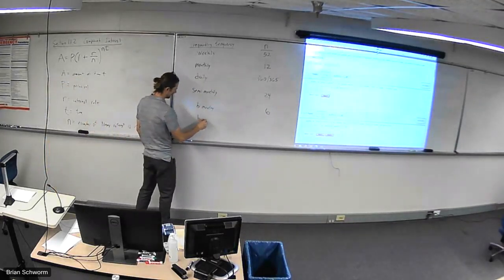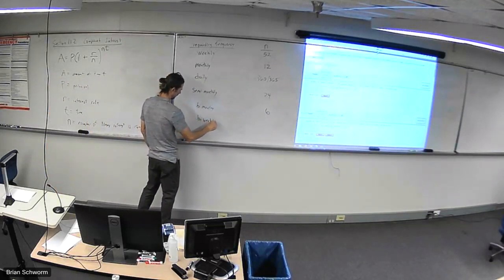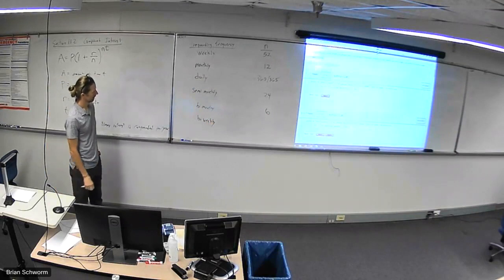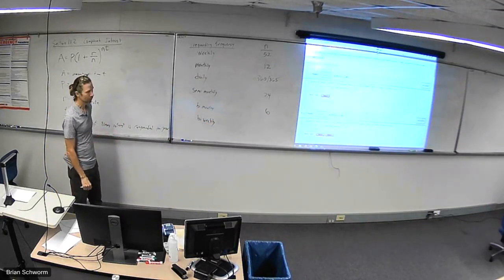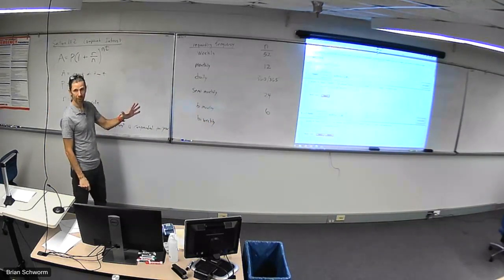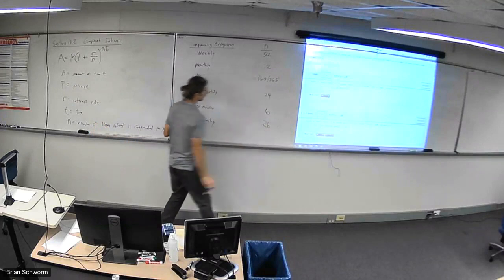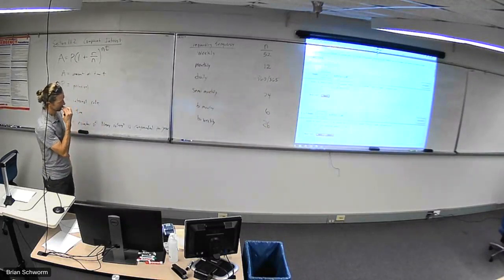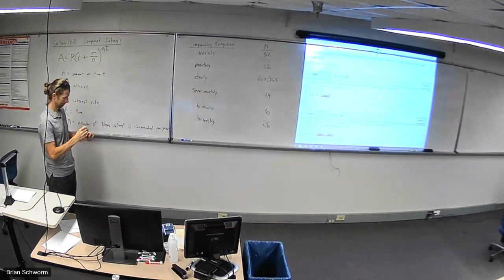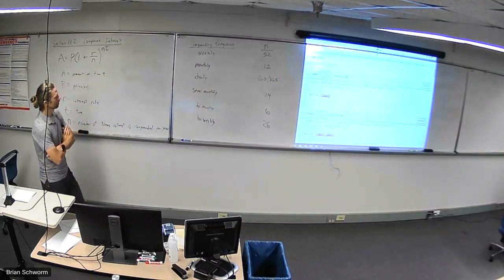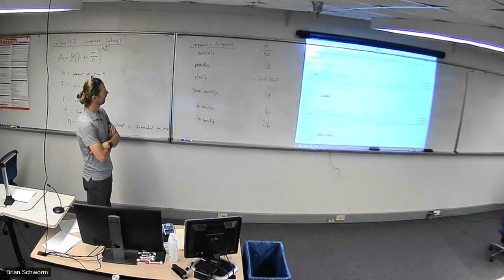If they said bi-weekly, bi means 2, so every 2 weeks, look at how much money you have in the account, add in the interest. There's 52 weeks in a year, so every other week, that's 26. So anyway, those are the corresponding n's that we use for the different situations.